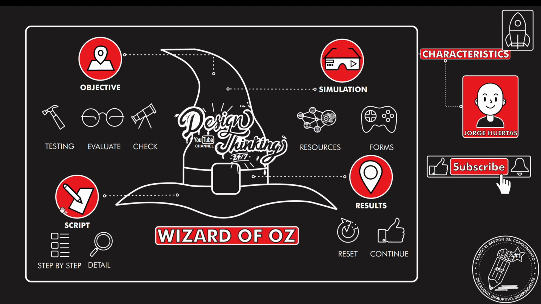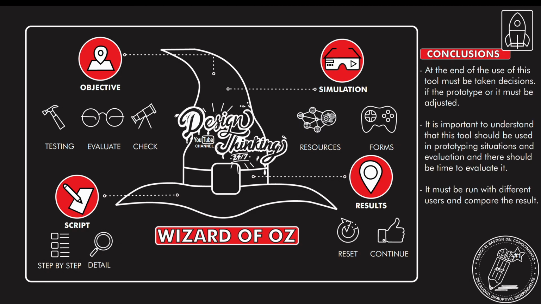And in some cases, you will need to update the script if you are putting things that were not there. As a conclusion, we can say that at the end of the use of this tool, you must make a decision if the prototype is ready to go or it needs adjustment.